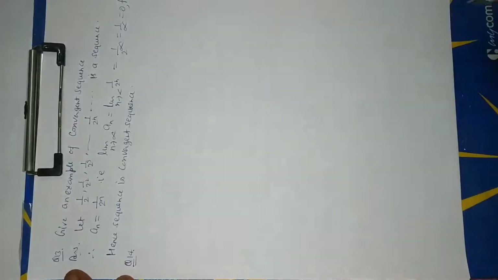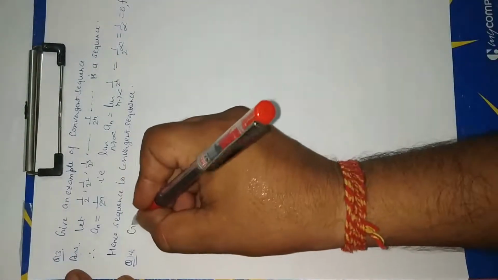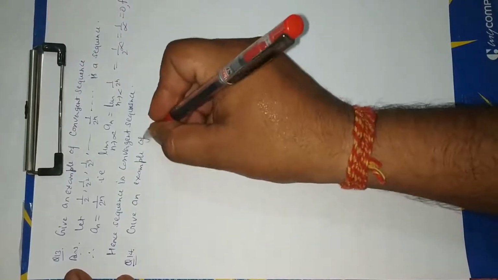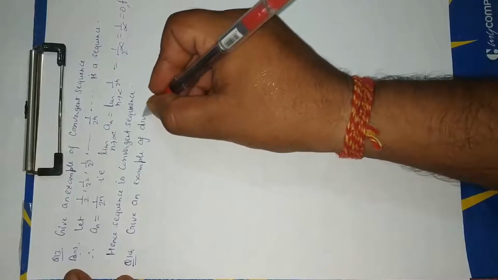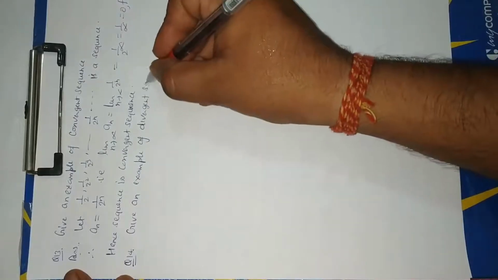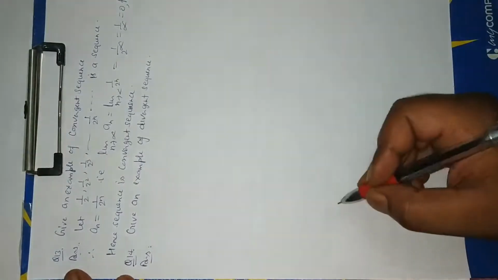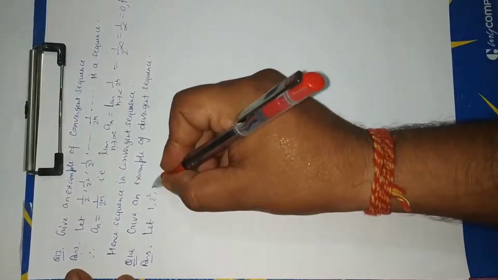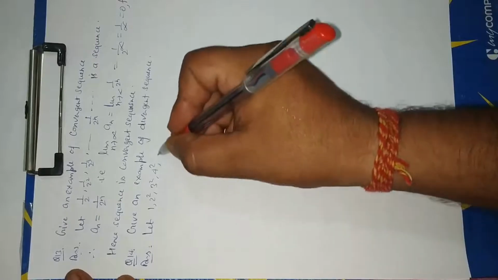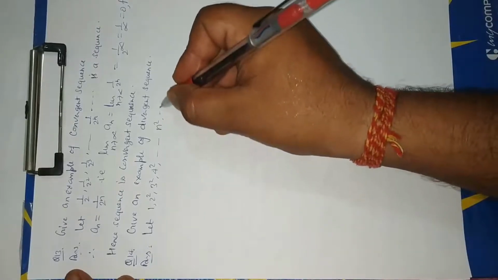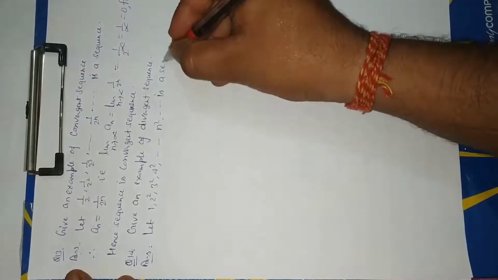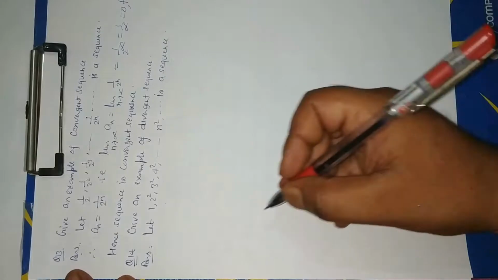Now, question number 14. Give an example of divergent sequence. Answer. Let 1, 2 square, 3 square, 4 square, up to n square, and so on, is an example of sequence.